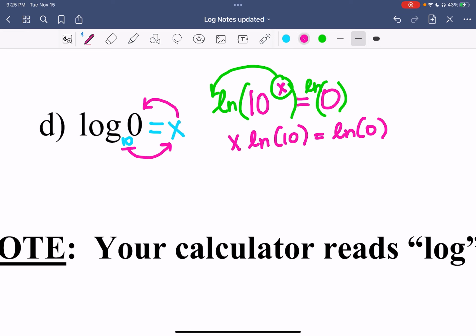The natural log of a number is just a number. So to get x by itself, you divide by the natural log of 10, since it's being multiplied by x, and then we put that into the calculator. The natural log of 0 divided by the natural log of 10, and we get undefined.